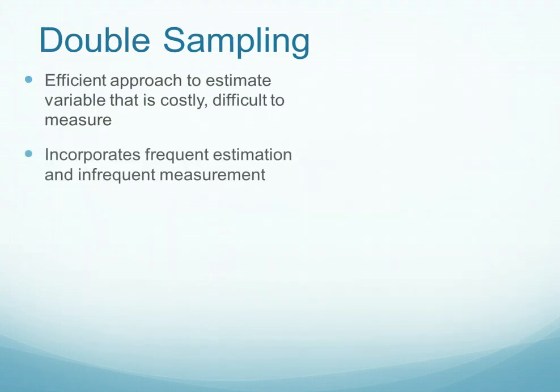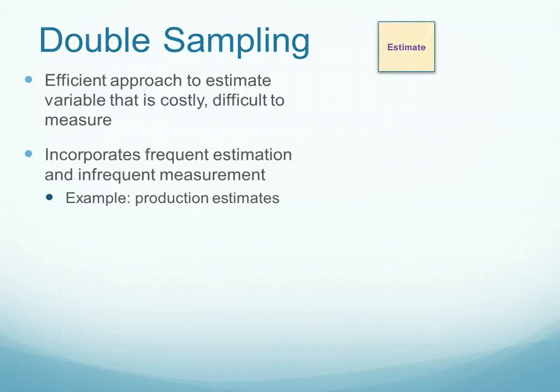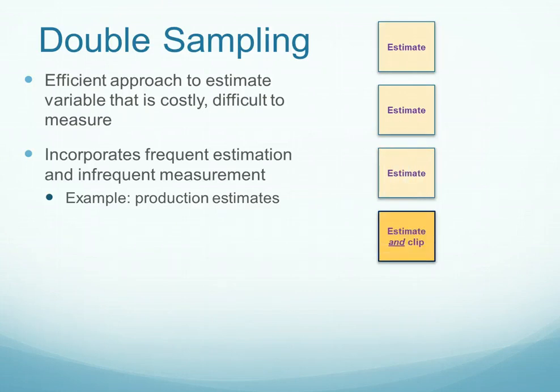Double sampling is an efficient approach to estimate a variable when it is costly or difficult to measure. It incorporates frequent estimation and infrequent measurement. Double sampling is commonly used for production estimates. So in this example, what we have is 4 quadrats.